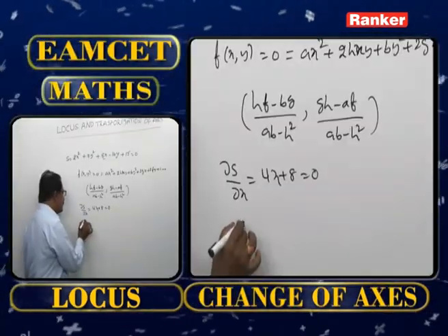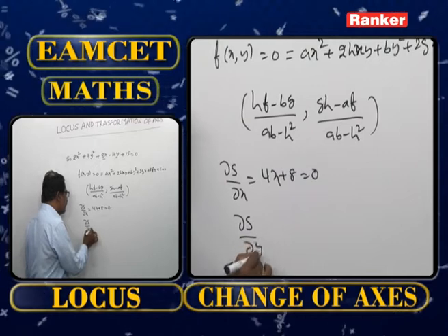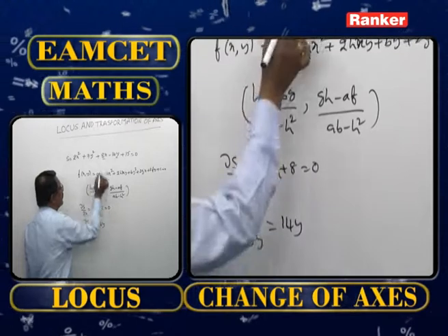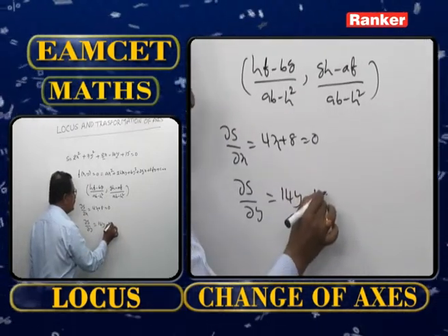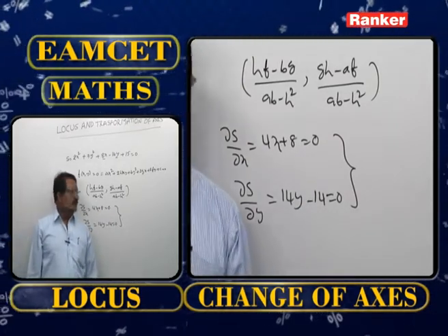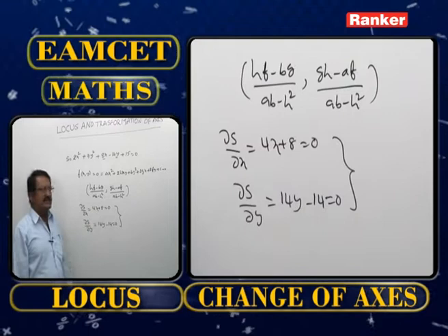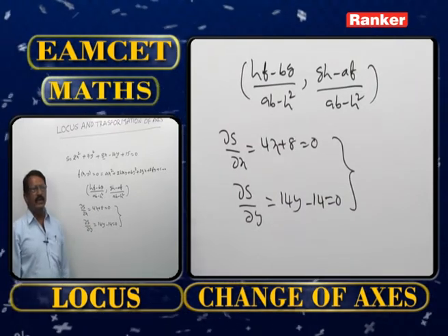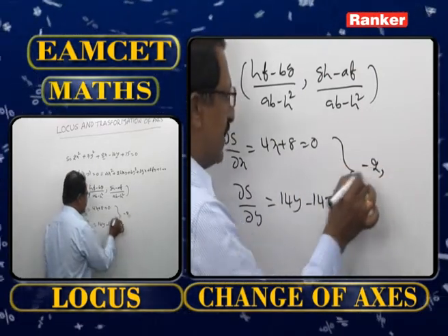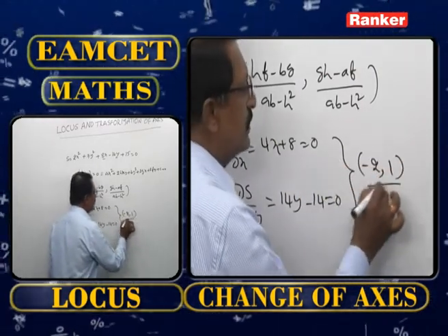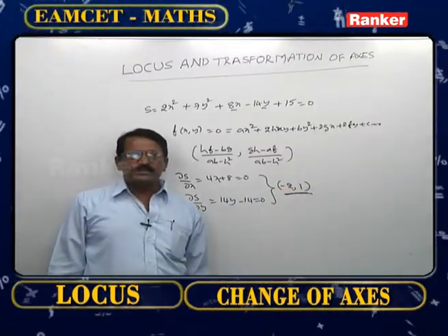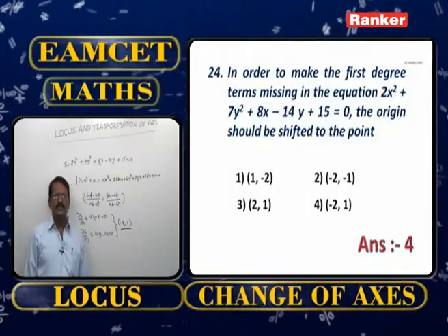Similarly, differentiate with respect to y: ∂S/∂y = 14y - 14 = 0. Solving these two equations, we get the values of x and y, which is the required new point. x = -2 and y = 1, so the origin is shifted to the point (-2, 1). The fourth option is correct.